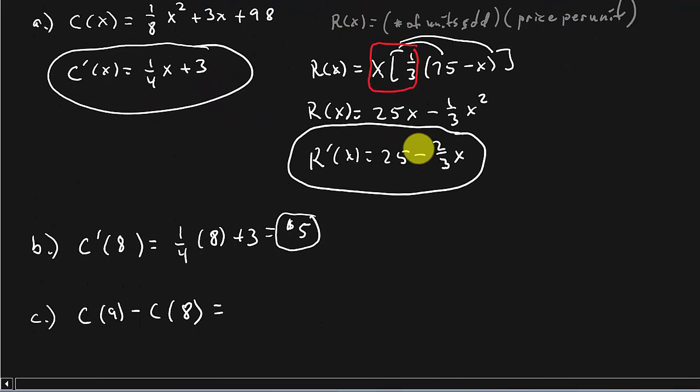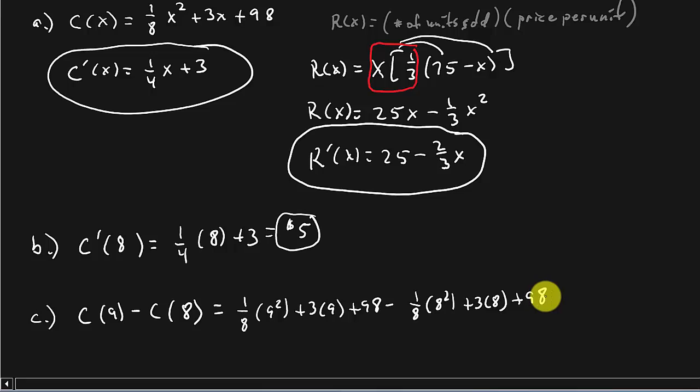Into C. So that's going to be 1/8 times 9 squared plus 3 times 9 plus 98 minus 1/8 times 8 squared plus 3 times 8 plus 98.